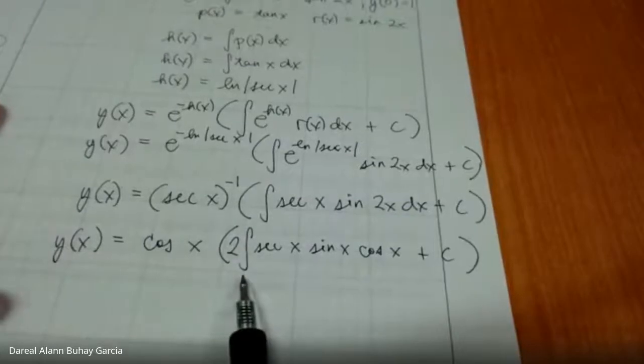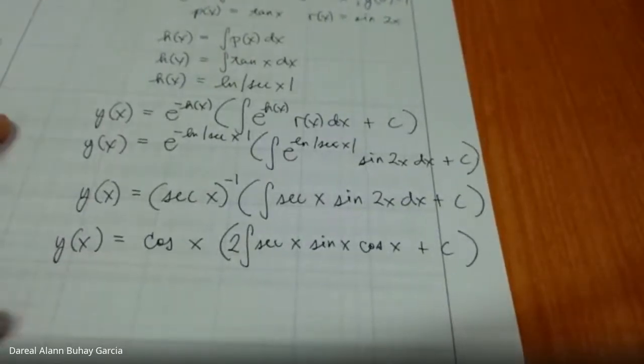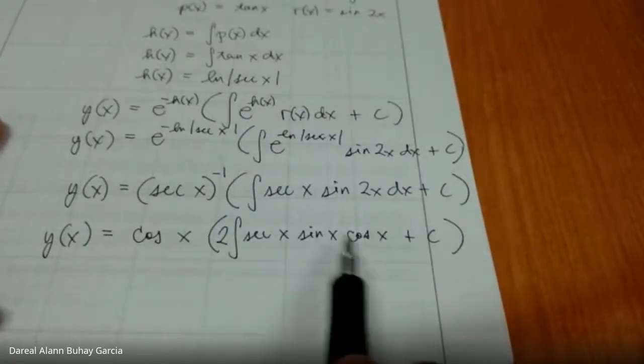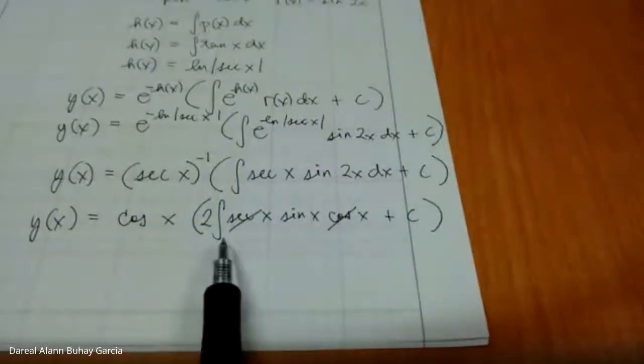Wala pa itong integral. So there's something that cancels here. Secant and cosecant are reciprocals of each other, so cancel those. It just becomes the integral of sine x dx. So that's the thing that's missing.